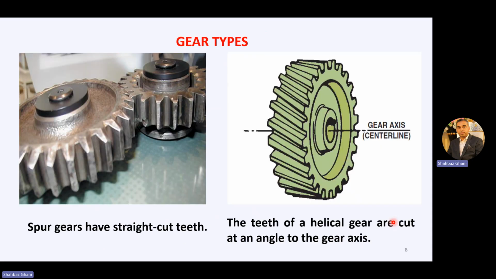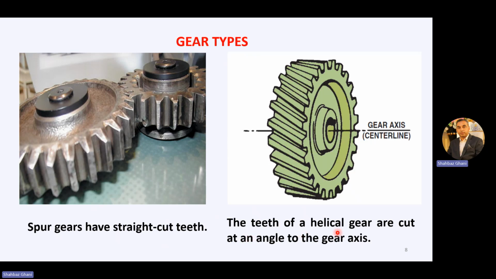Now, before we go into detail of the transmission, how it works, let's talk about something regarding the gears. First, just to brush up your brief knowledge of gear theory, spur gears have straight cut teeth like this. They have a straight teeth profile. And second are the helical gears.